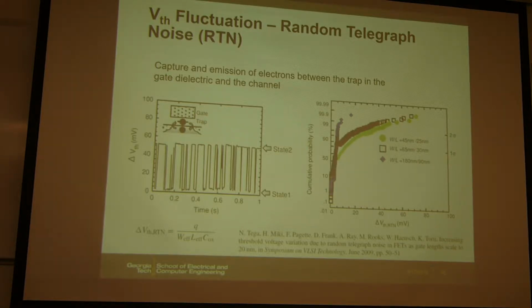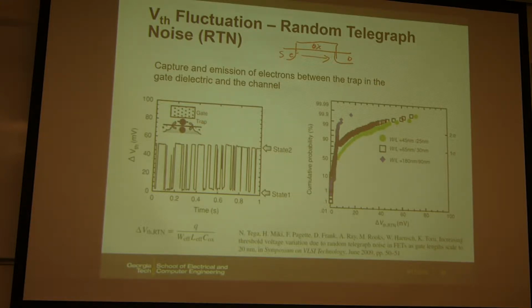So the first one is the random telegraph noise, RTN. This is a temporal effect due to the trapping and detrapping of the electrons into the gate traps or defects. So when you have, let's say, current flowing, electrons flow from the source to the drain, and in the oxide here, the oxide may not be perfect.